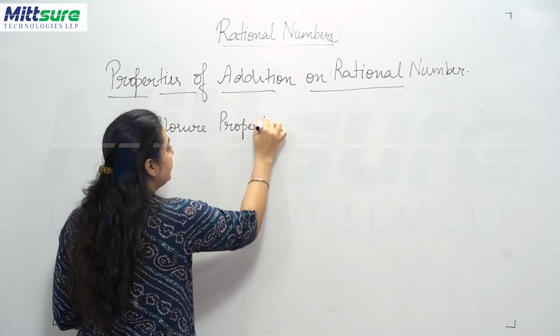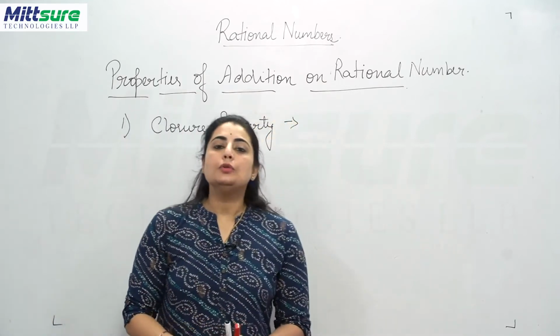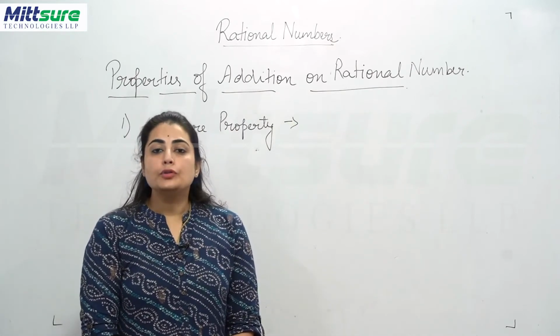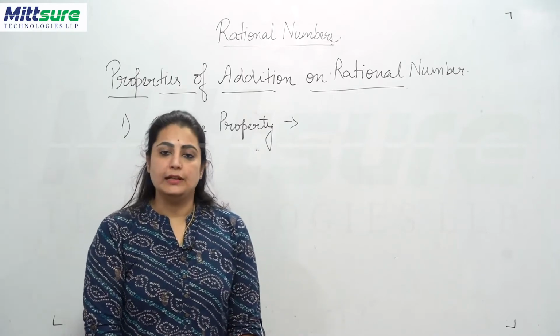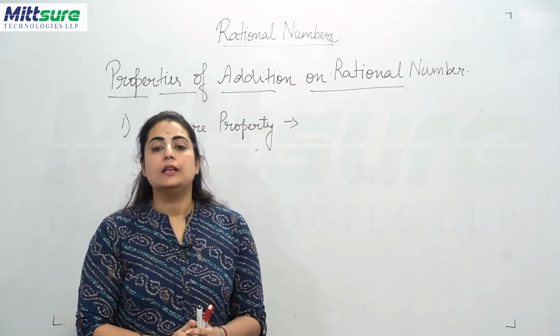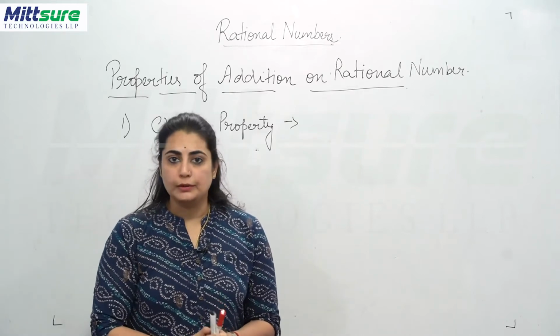According to this property, when there are two rational numbers whose sum is to be found out, then we are supposed to get as their sum a rational number only. That means whenever you add two rational numbers, their sum is going to be a rational number only.